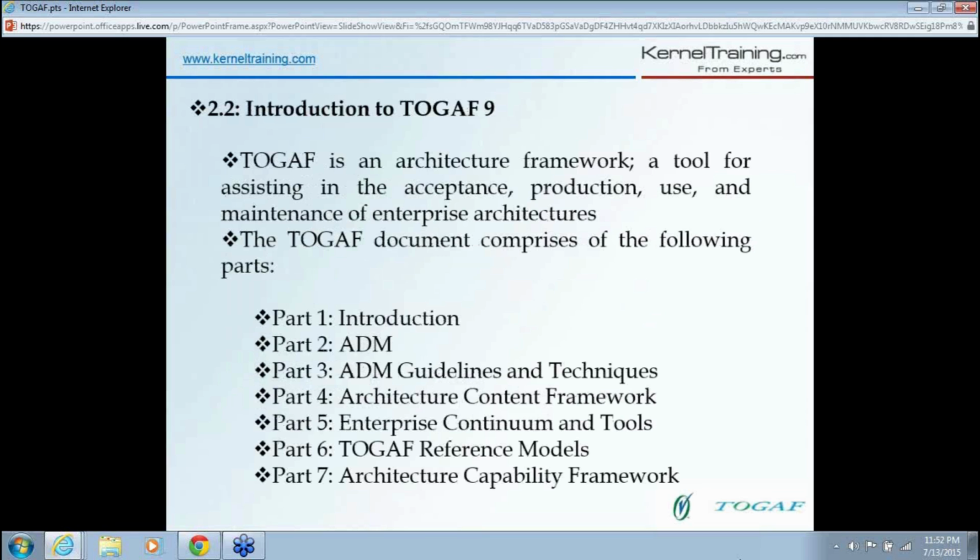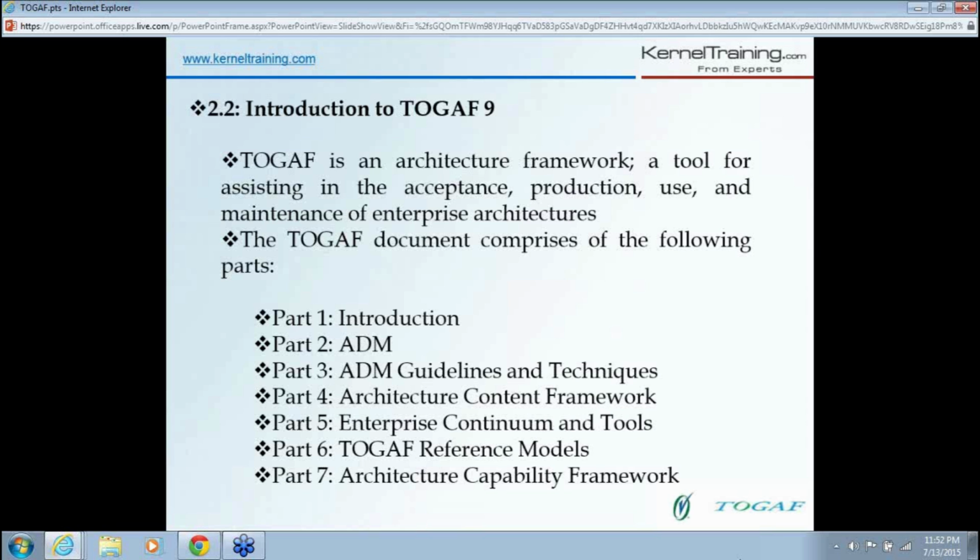So as I said earlier, TOGAF is an architecture framework. The way I look at TOGAF is, if I have to summarize TOGAF, I have a vision. So to get that vision accomplished, you need to apply certain steps. TOGAF gives you a vision, and then within TOGAF you need to look at how your baseline is.